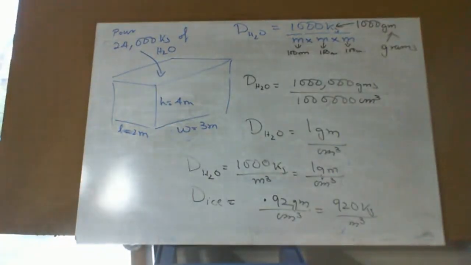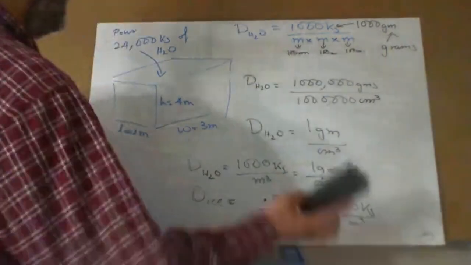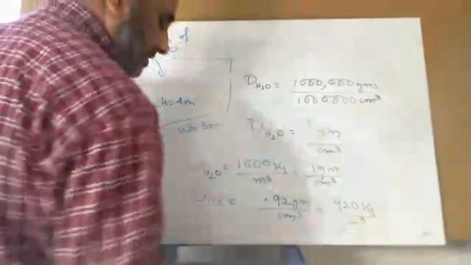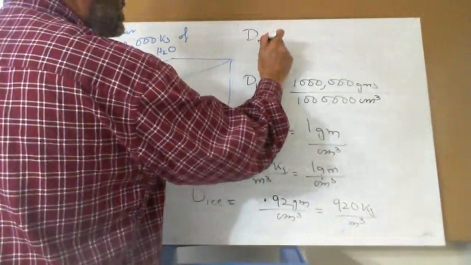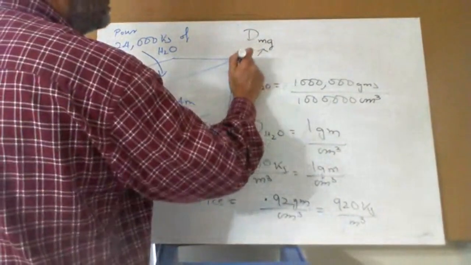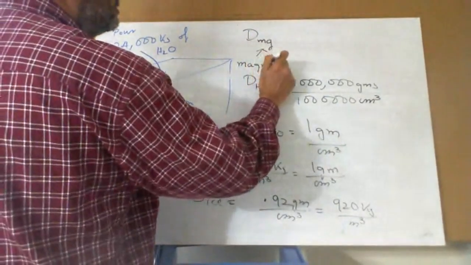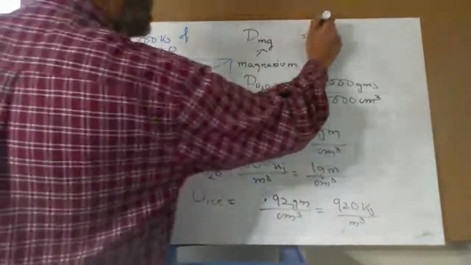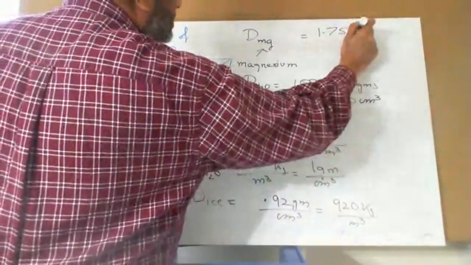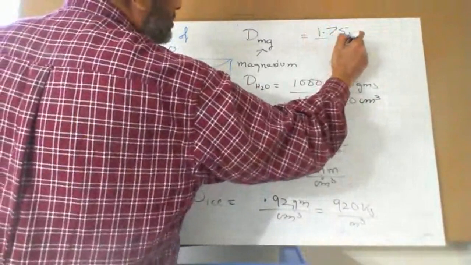Let's take another example on page 242. Let's look at magnesium. The density of magnesium is 1.75. By the way, the symbol for magnesium is Mg. Density of magnesium is 1.75 grams per cubic centimeter.